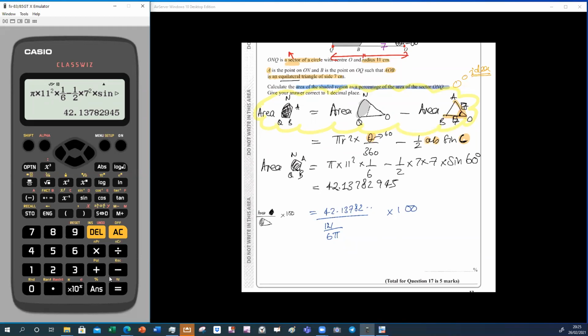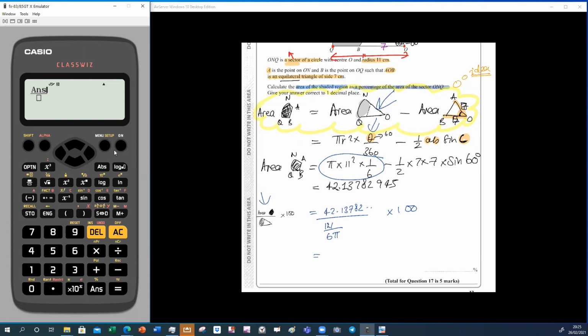So it'll be the answer that we have here, the calculator answer, divided. We have to go back and reuse this part, because this is the area of the whole lot. So we're going back to our final step of the question now. Let's put that into the calculator.